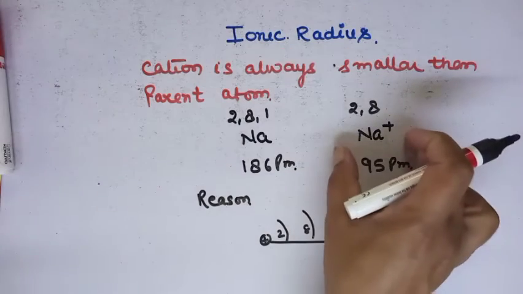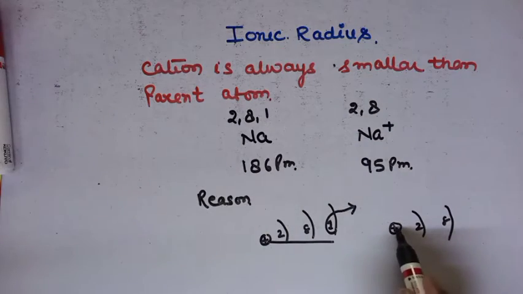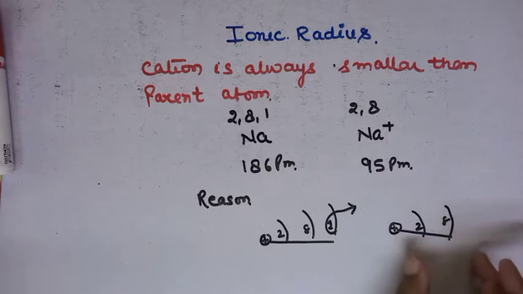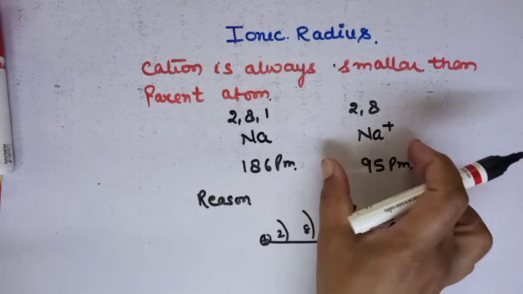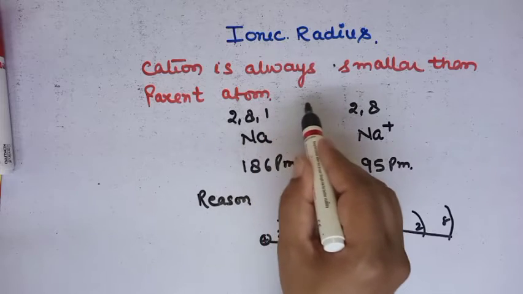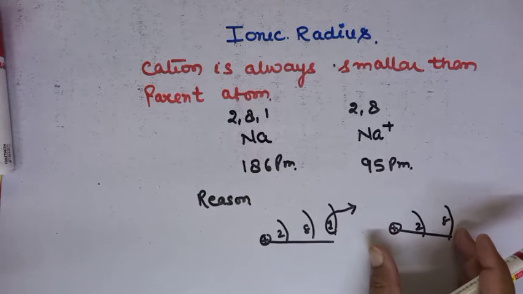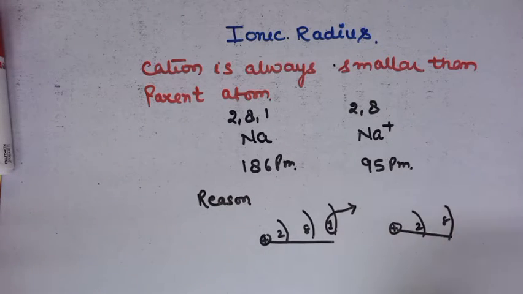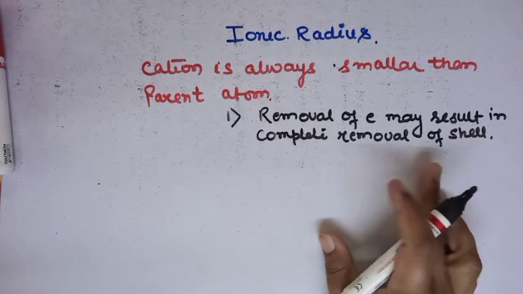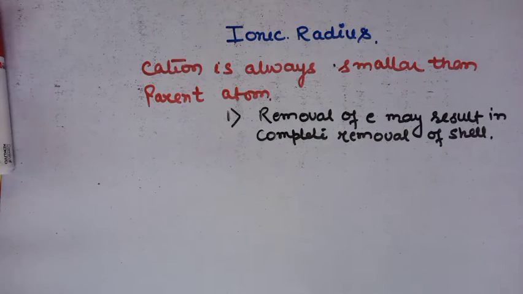The cation now formed will have the distance only from the nucleus to this second shell. तो बच्चों क्या हुआ? By just knocking out one electron in the formation of cation, sometimes a complete disappearance of the outermost shell occurs, and thus the cation becomes smaller. Thus, removal of electron may result in complete removal of shell.